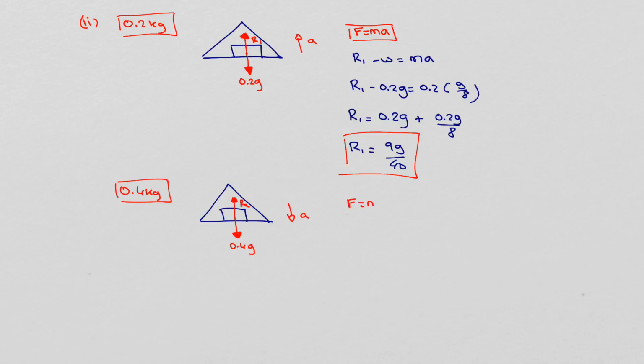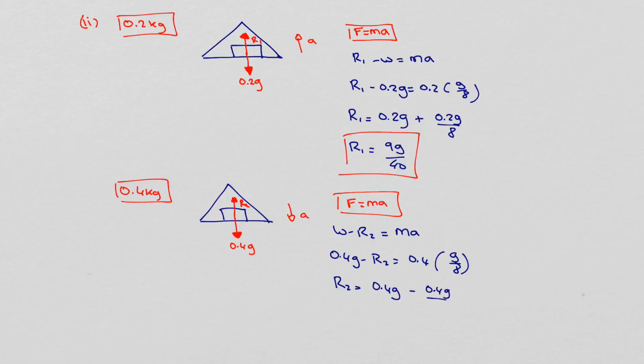So again, our net vertical forces will be the weight this time minus the reaction force is equal to mass times acceleration. Therefore 0.4 g minus R2 is equal to the mass, which is 0.4, times the acceleration, which is g over 8. Therefore R2 will be 0.4 g minus 0.4 g over 8. So R2 simplifies down to 7g over 20, or 0.35 g.